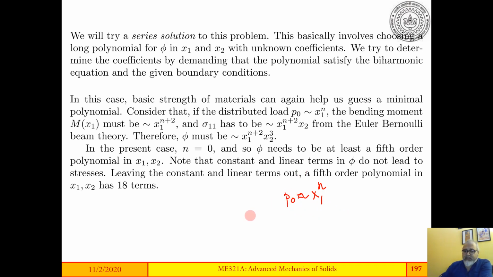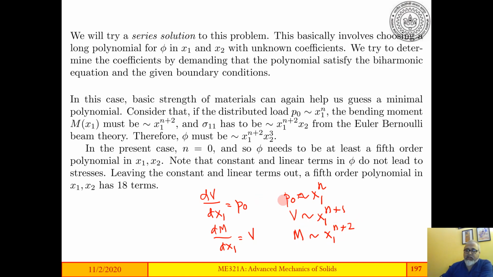If it is, then dV/dx1 equal to P naught is one equilibrium equation that I get from the Euler-Bernoulli beam theory, which will tell me that V is x1 to the power n plus 1. Then we have dM/dx1 equal to V, which means M will be x1 to the power n plus 2, right?